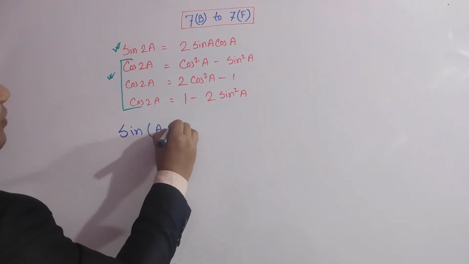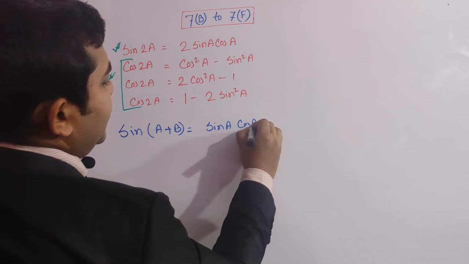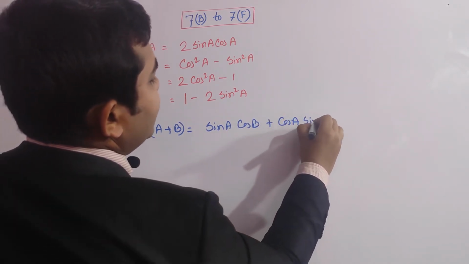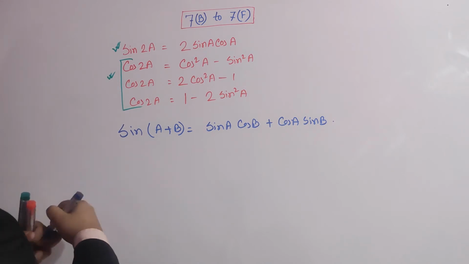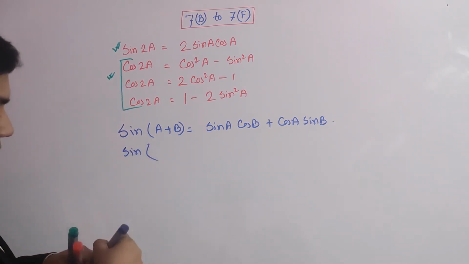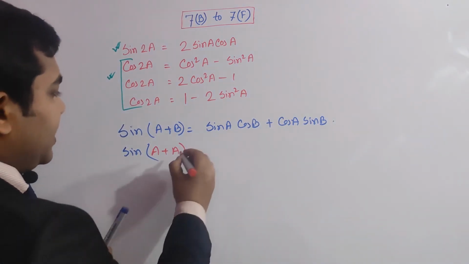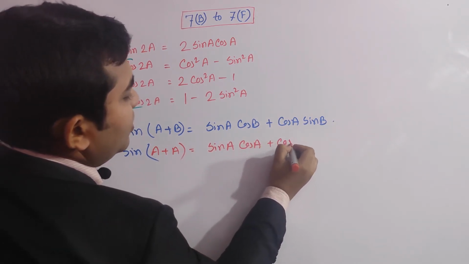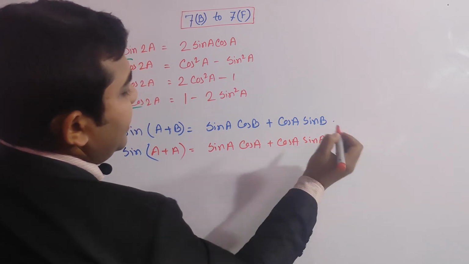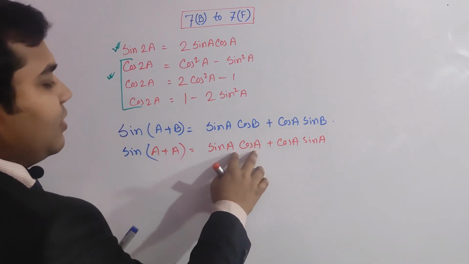We know the formula sin (a plus b) equals sin a cos b plus cos a sin b. Since here all are a, we can write sin (a plus a). So what will that be? Sin a cos a plus cos a sin a, that is sin a cos a and sin a cos a.